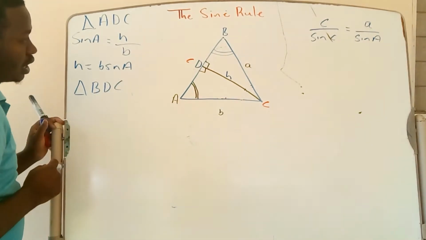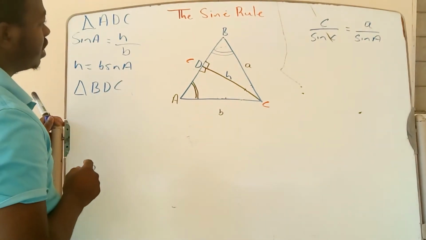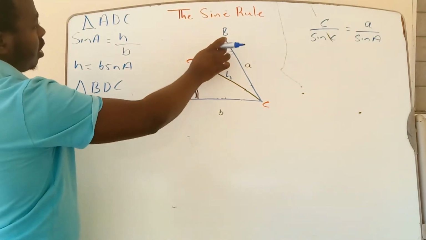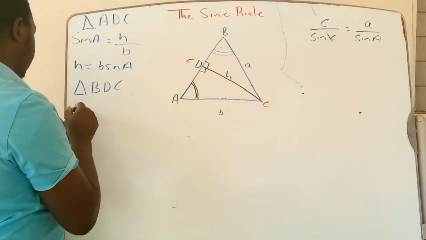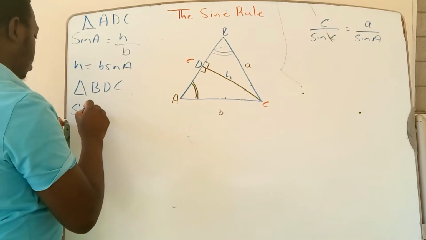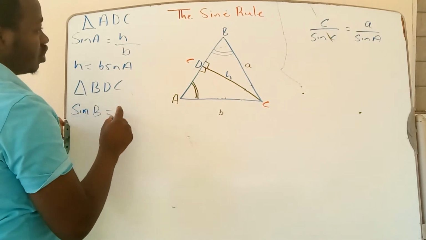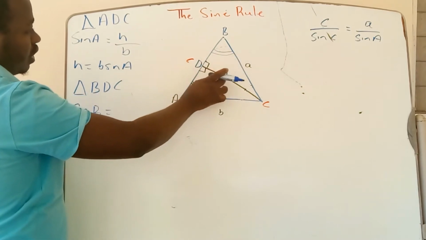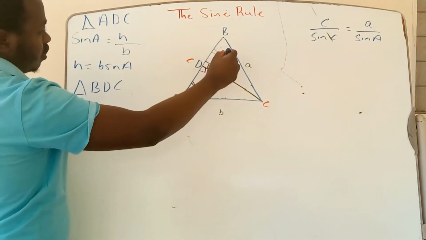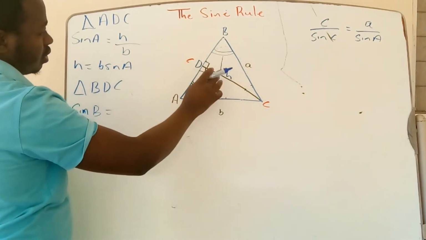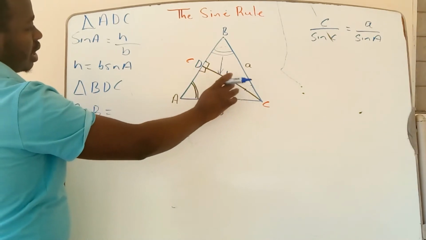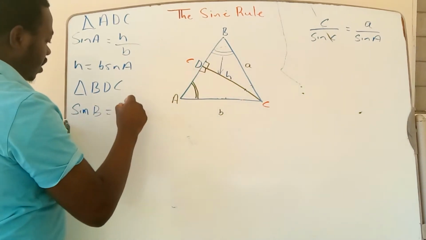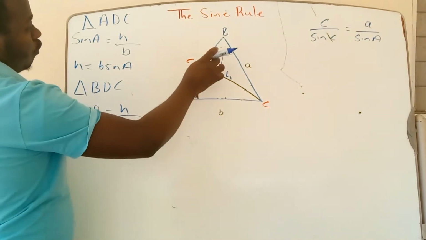If I'm considering triangle BDC and I want to take the sine of B, then sine of B is equal to opposite over the hypotenuse, right? What's the opposite here? Opposite to this angle here, if you draw a line, you get this line, which is the height, which is just h, over the hypotenuse.